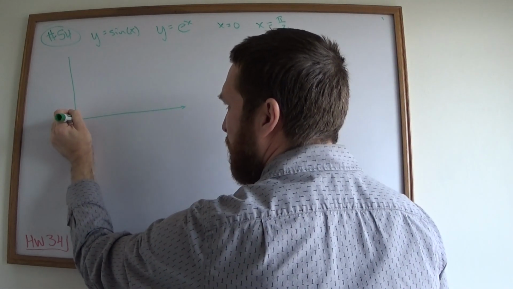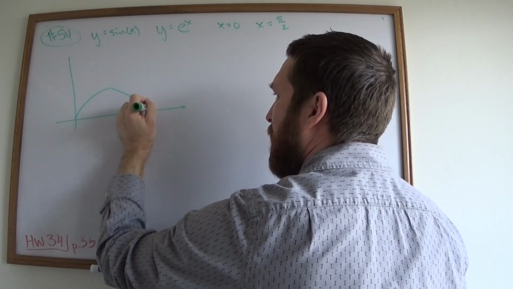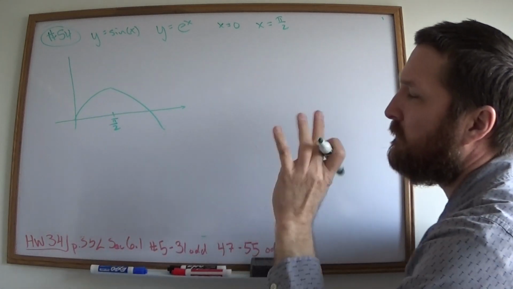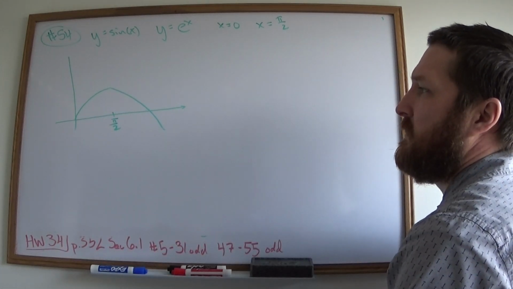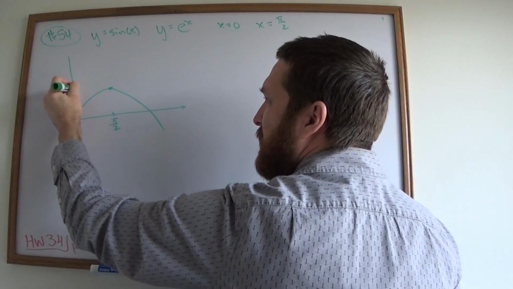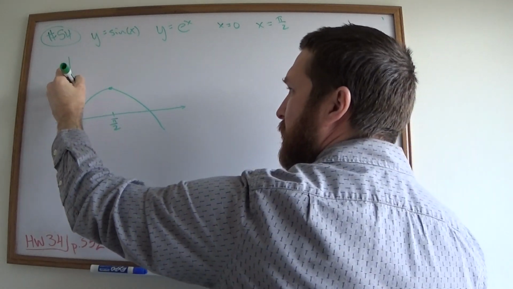Sine does that. Starts here, comes up to 1, comes back down, and we're only going to pi over 2 anyway. So who cares? Now e to the x. If this is 1, e to the x goes through at 1, and it's positive. Like a lot bigger.